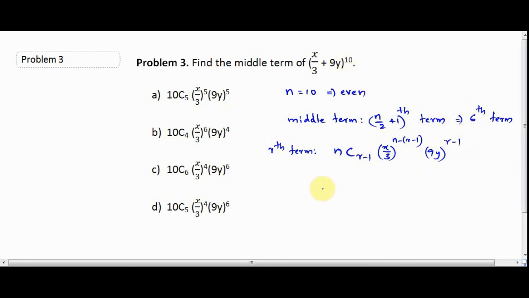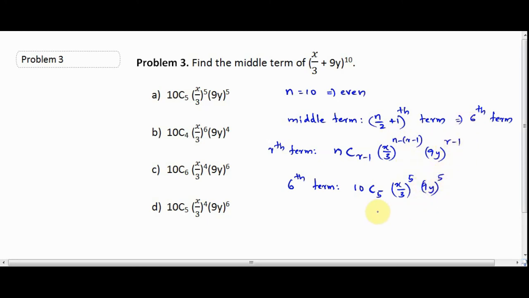So the sixth term will be 10C. When we substitute r equal to 6, we get 5 here. So 10C5 (x by 3) whole raised to, the n value is 10 and the r value is 6, so 10 minus (6 minus 1), that is 10 minus 5, so 5, into (9y) raised to (6 minus 1), that is 5.